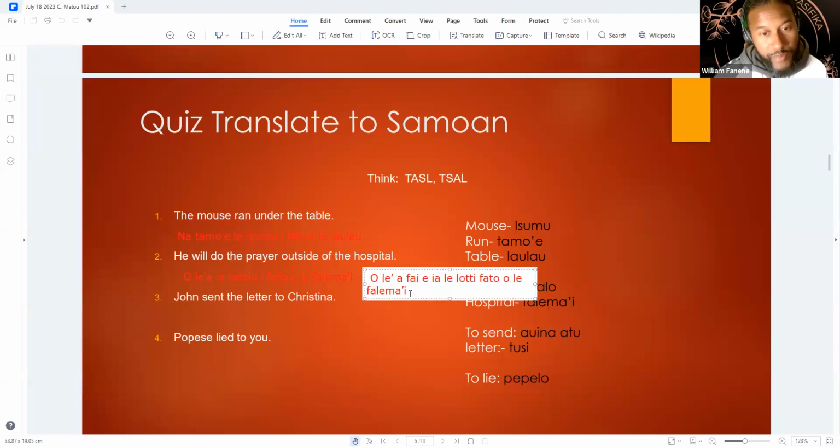But you probably hear people say it like this. So it's like do the prayer. Ole a fai e ia. So tense. Here we go. Tense. And then we have an action. And then we have the two subjects. So ia. And then we have this. I'm sure this is a typo.